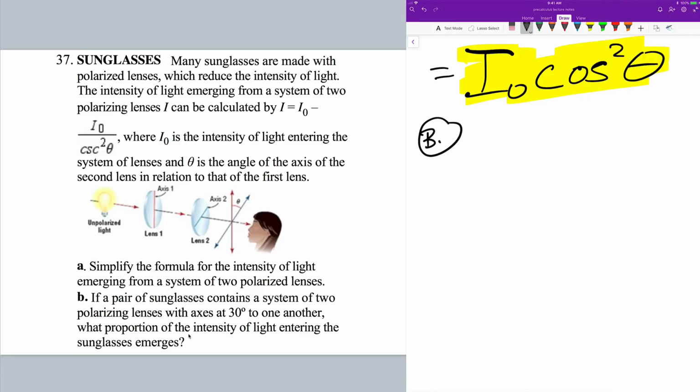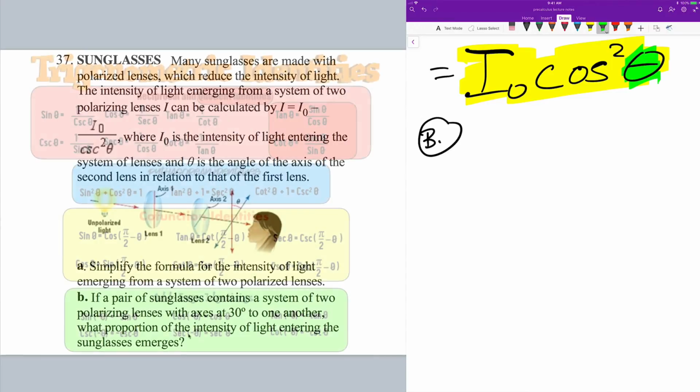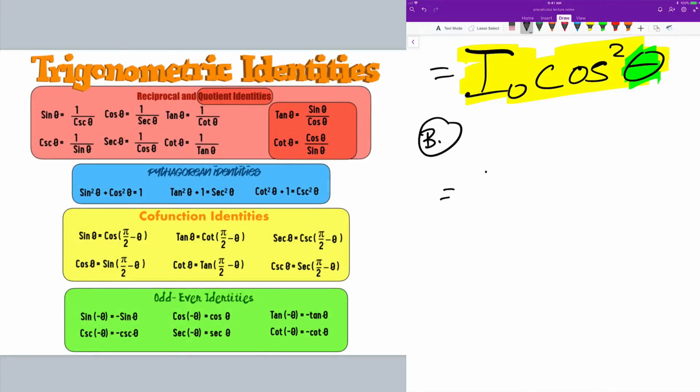So now I have a theta to add to this, and that theta is 30 degrees. My new problem is I sub naught times cosine of 30 degrees, and then I have to square that, of course.